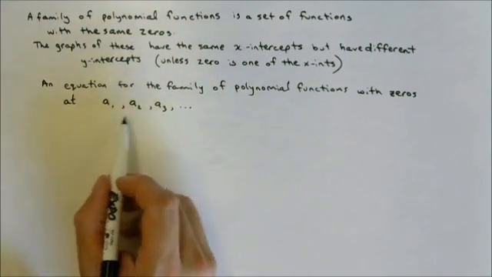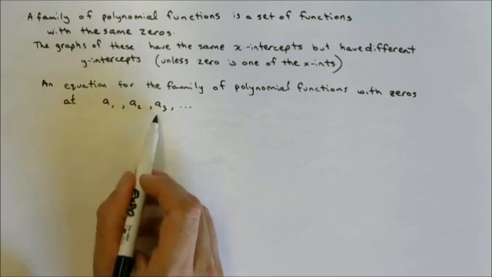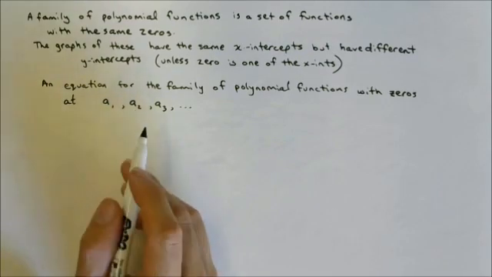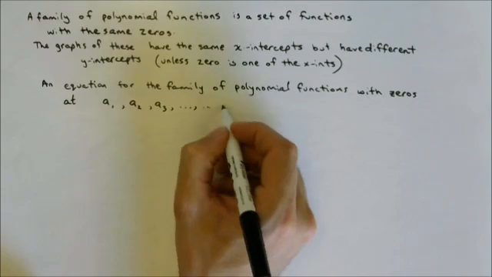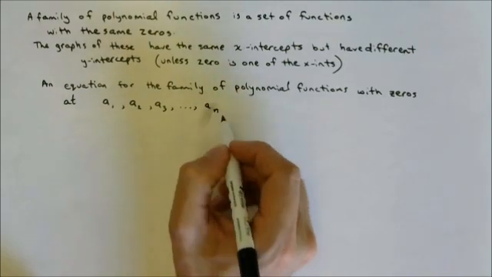So we're speaking in general terms. These are the zeros. x equals this, x equals that, x equals the next one, all the way to the last zero, which would be a sub n.